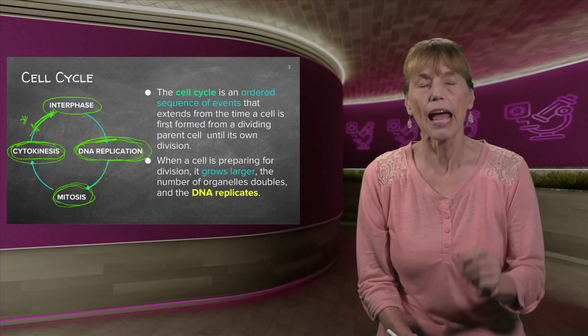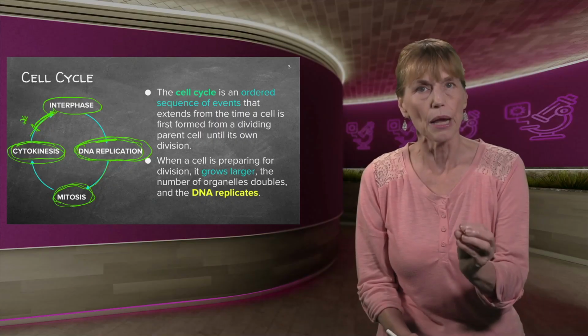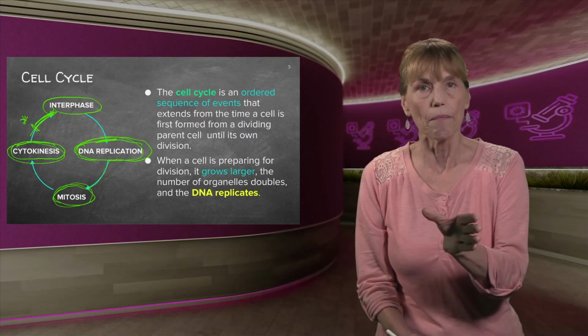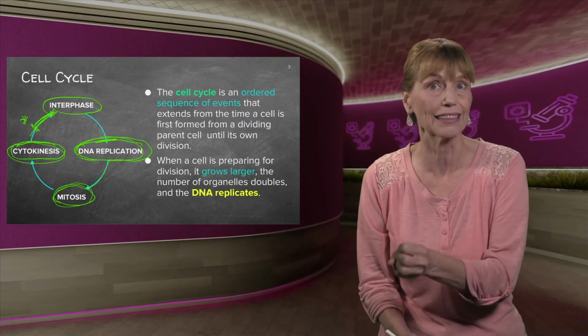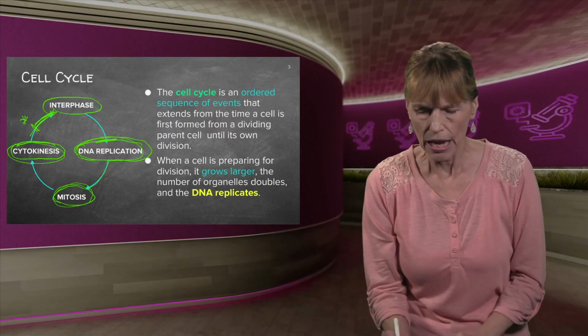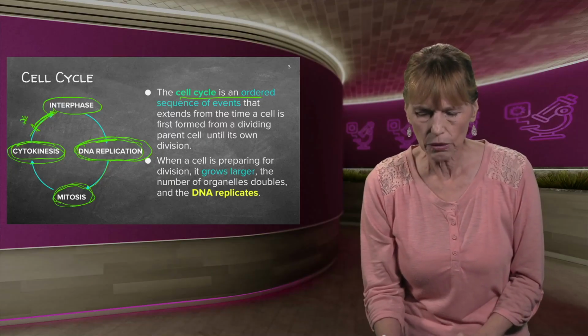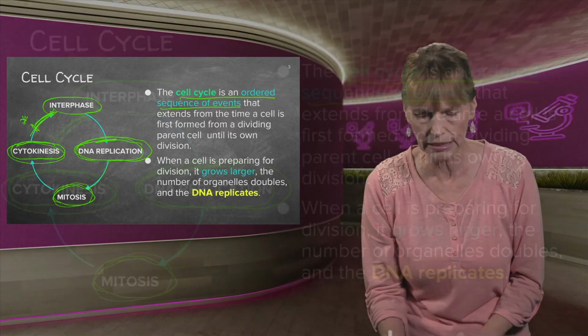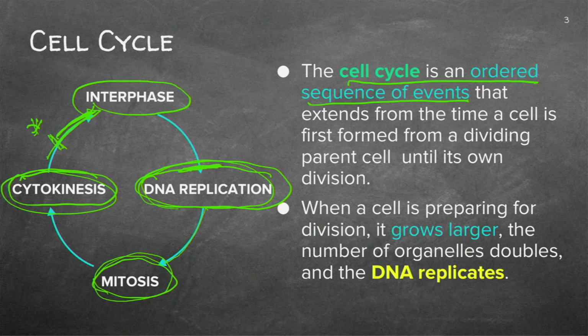You will be writing that it is where it is actively busy producing the products that the cell needs to produce. So a cell cycle is an ordered sequence of events that extends from the time the cell is first formed, like being born, until it divides and turns into 2 cells.